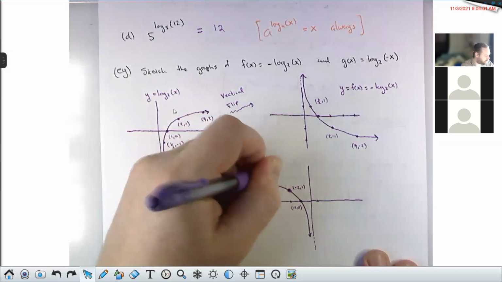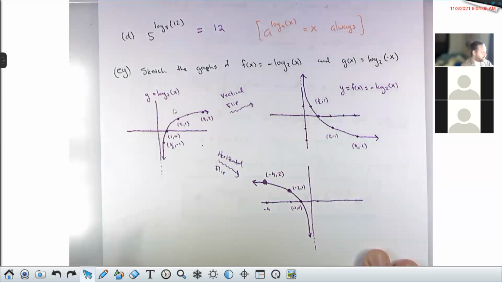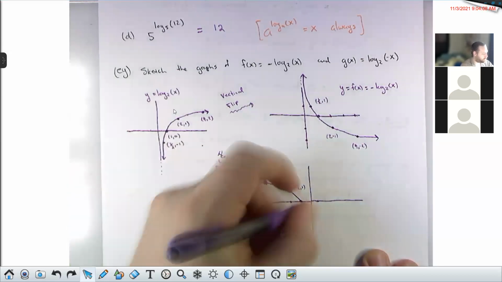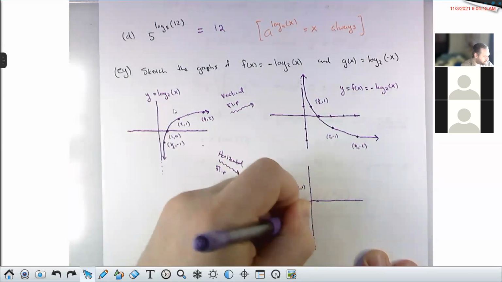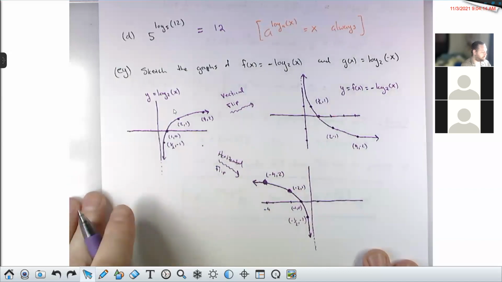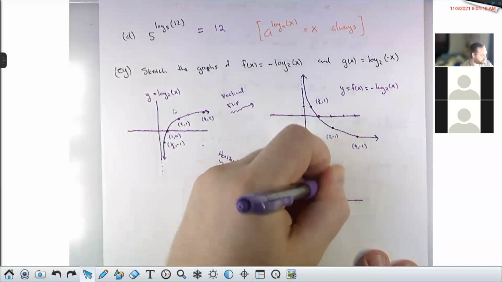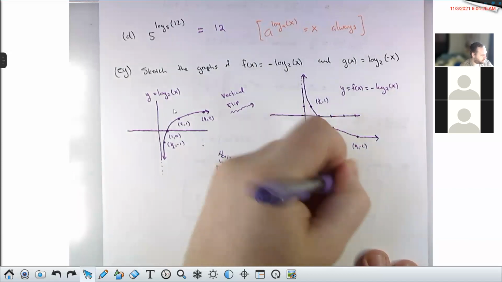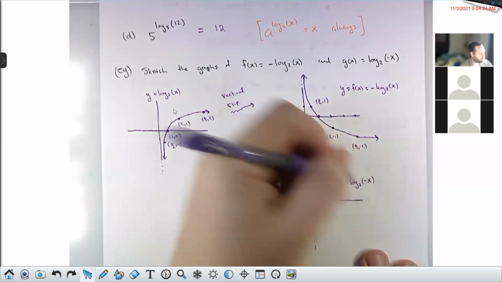We would have -4, 2. And we can look at this guy, 1/2, -1. He would become -1/2, -1. This is the graph y equals g of x. g of x was log base 2 of -x.